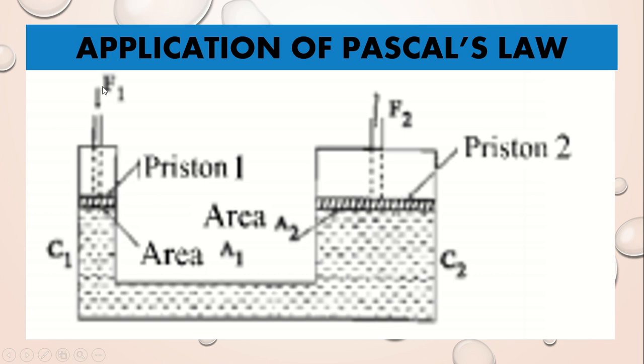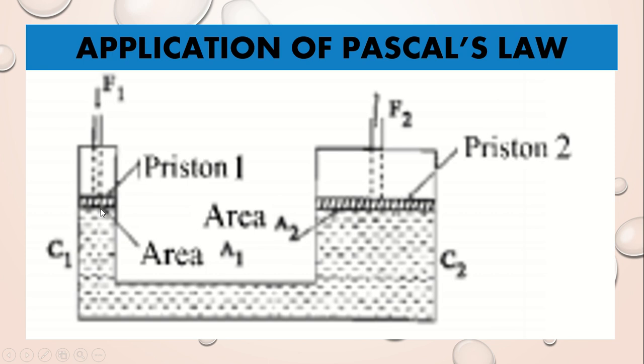When a force F1 is applied on the small piston, on the area A1, a pressure will be created. Pressure equals force applied perpendicularly on a unit area. You know the formula of pressure. So here the pressure becomes F1 by A1. According to Pascal's law, that pressure will not be diminished at all, meaning there will be no loss of pressure.